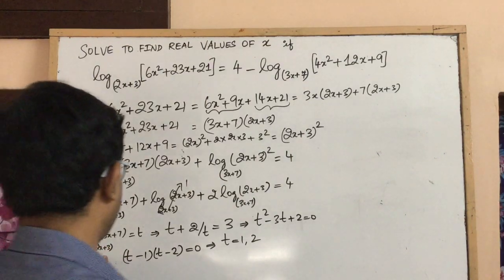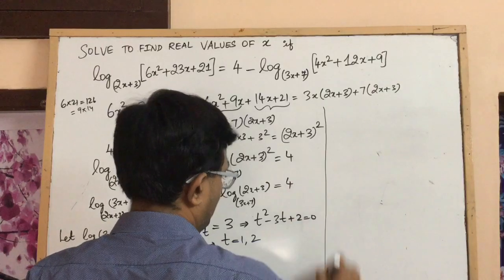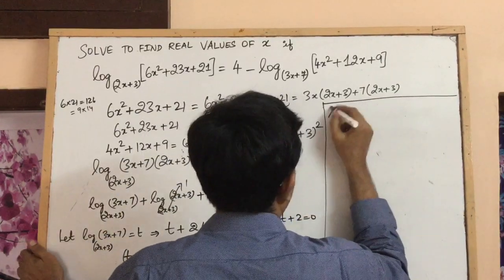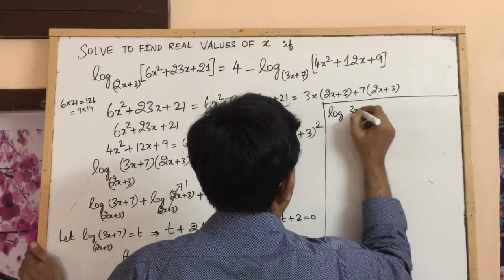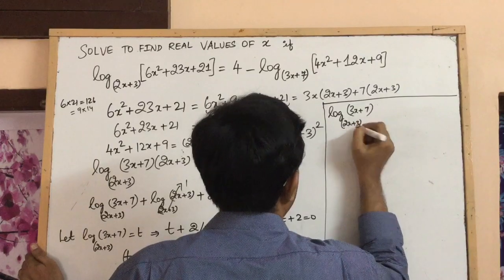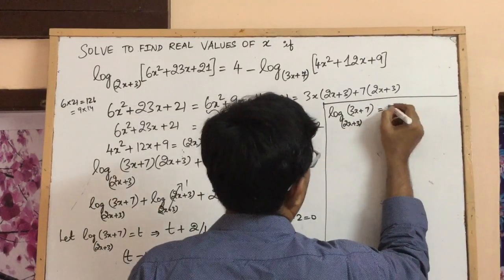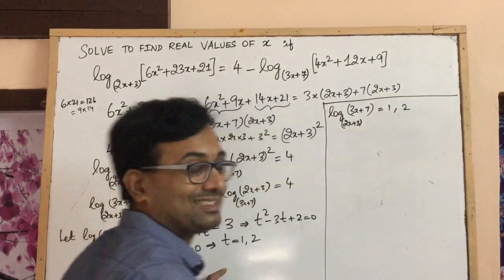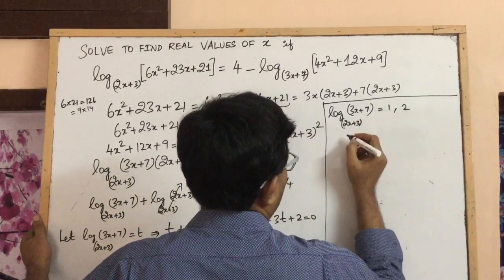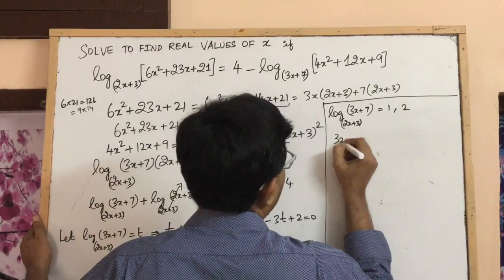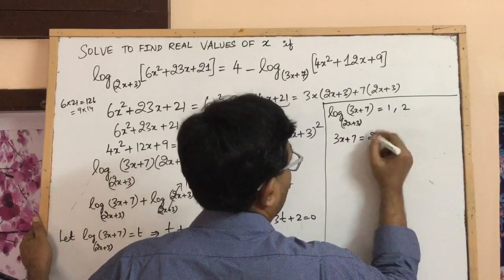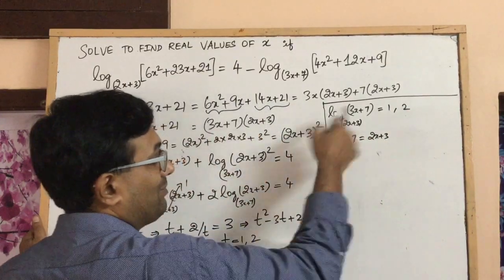So that means the logarithm of 3x plus 7 to the base 2x plus 3 is equal to either 1 or 2. So let's take the case when it's 1, that's easier to deal with. So 3x plus 7 would be equal to 2x plus 3 the whole power 1 if we remove the log.